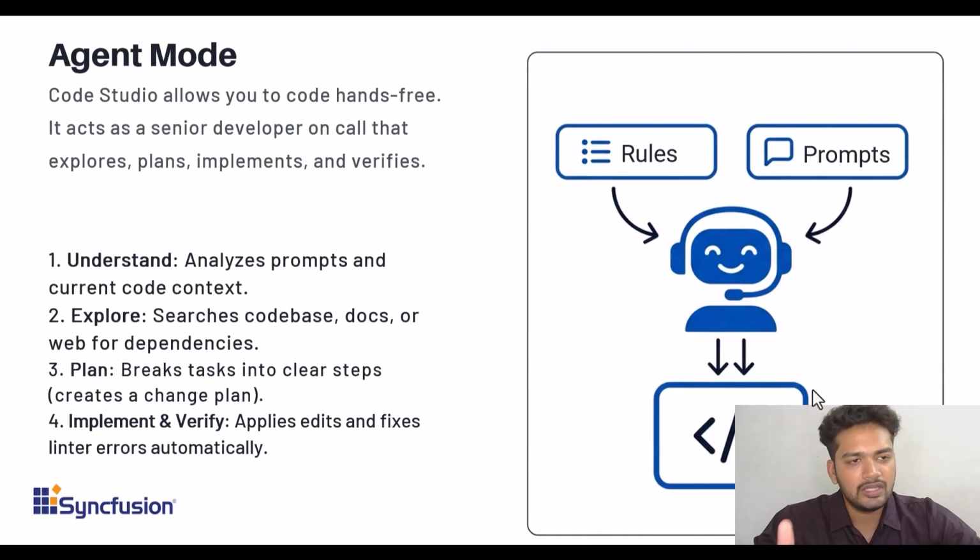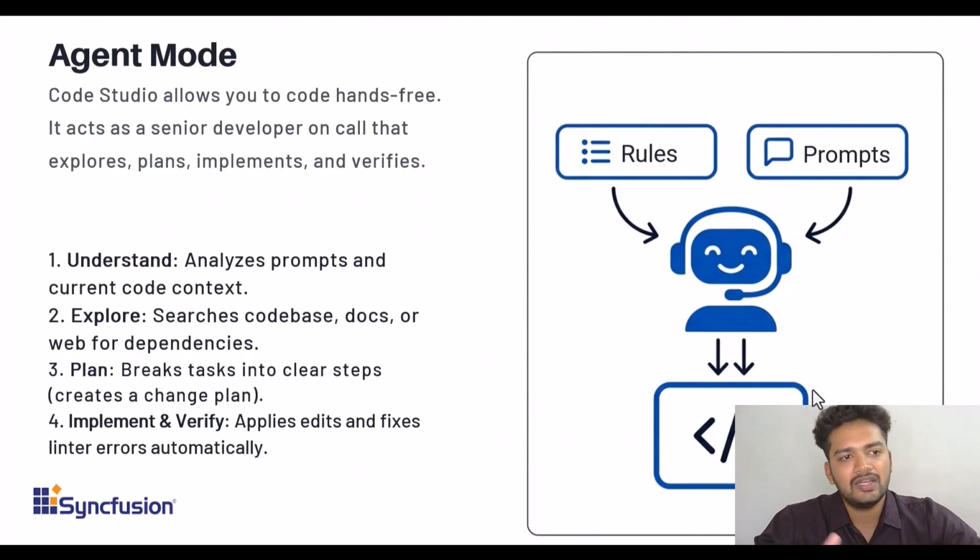While implementing or editing the code, it takes the user's permission before making the changes. This mirrors how a senior engineer works, right? In the live demo, you will see the agent create a plan before coding, follow architecture rules, and fix its own errors. This is what makes agent mode safe and powerful for enterprise use.